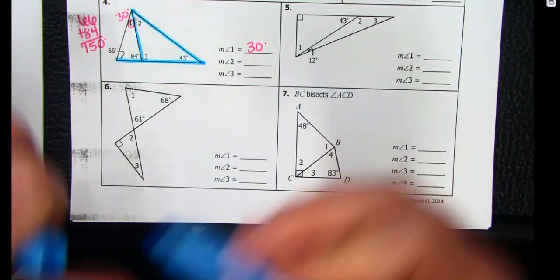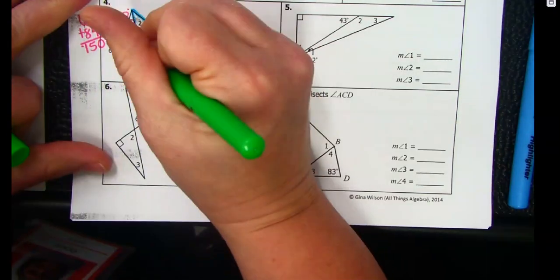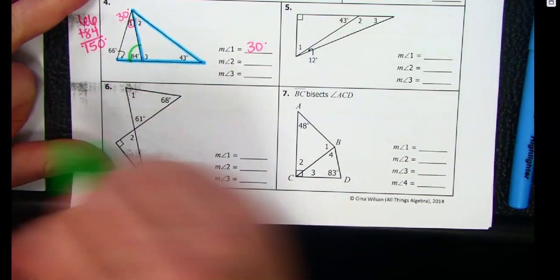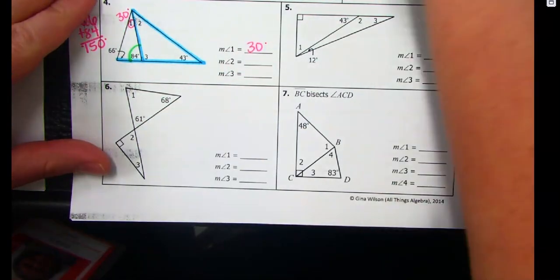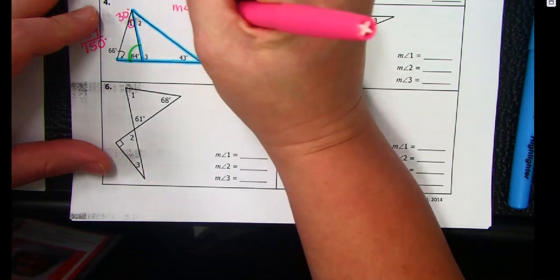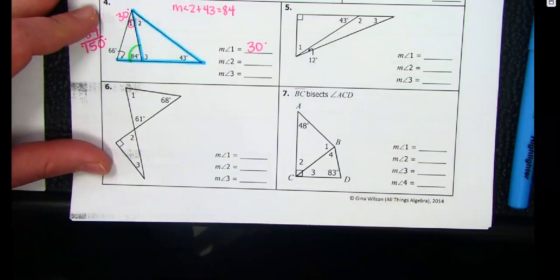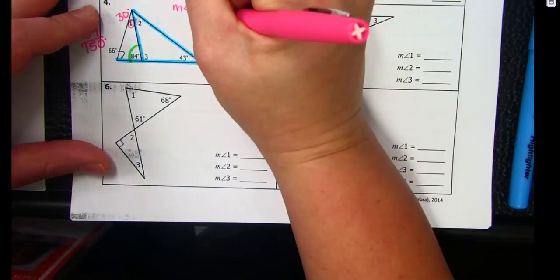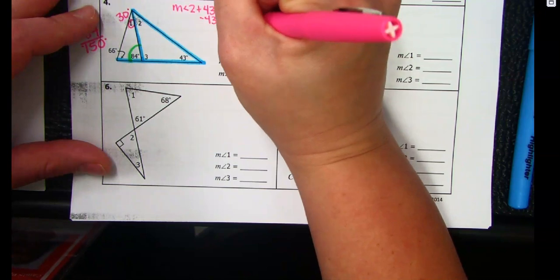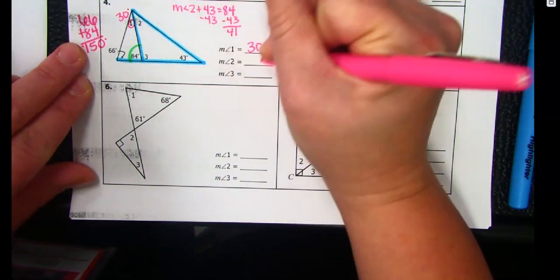So that 84 right here is the exterior angle, and it is going to be equal to the non-adjacent angles, which is the measure of angle 2 plus 43, and that's going to equal 84. So I'm going to subtract out 43. So that gives me 41.